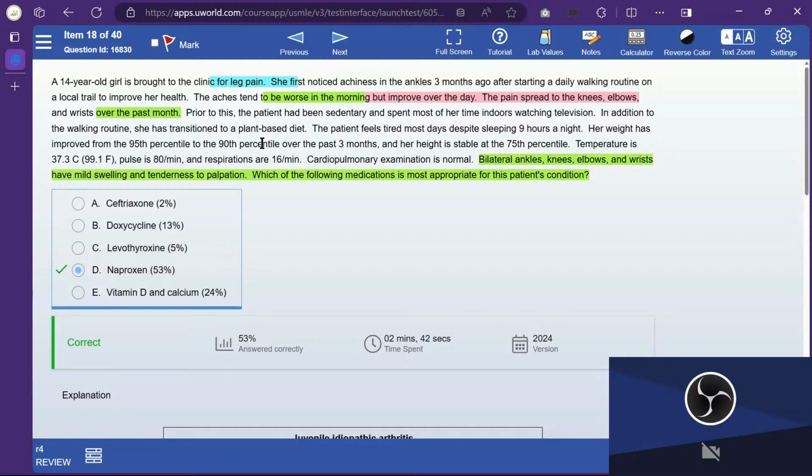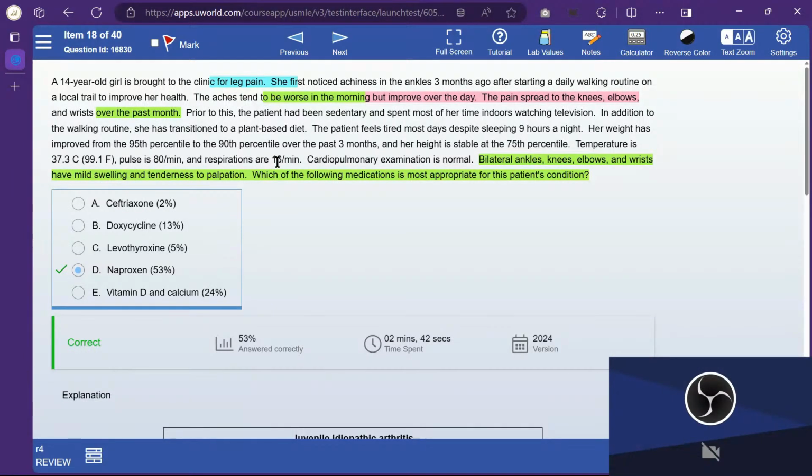The patient felt tired most days despite sleeping 9 hours a night. Her weight has improved from 95 to 90 over 3 months. Bilateral ankle, knee, elbow, wrist have mild swelling and tenderness to palpation.